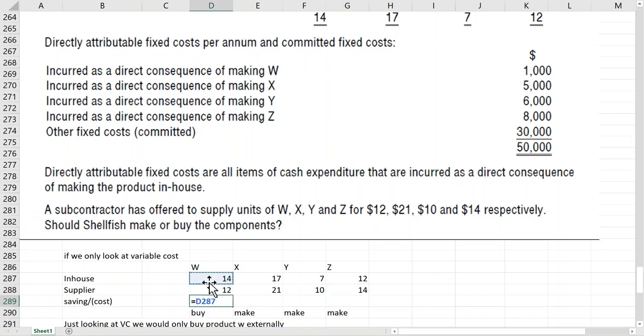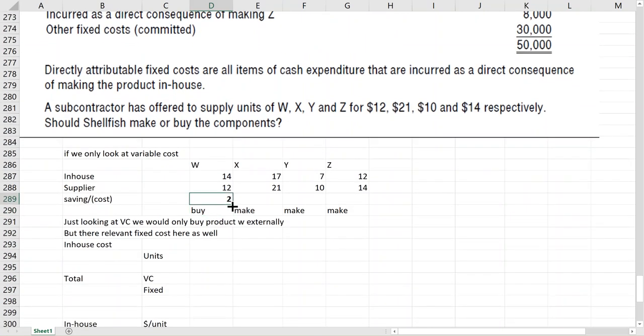So without considering the fixed cost, here we are saving money and the other ones we are losing money. So we will only buy W from outside because it is cheaper, and every other product we will make inside. How much do we buy? The whole thing, because there is no limiting factor.